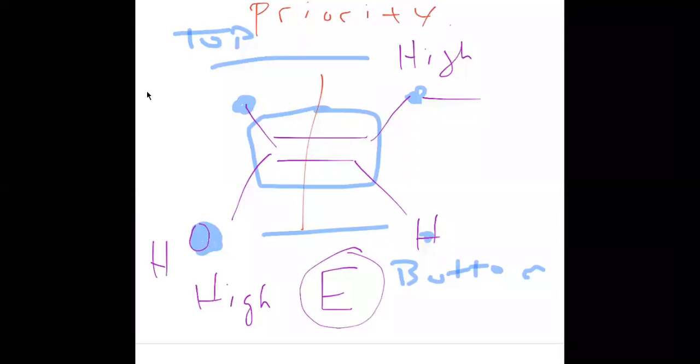So on the right side, which is here, the high priority group is at the top. On the left side, the high priority group is at the bottom. You see that? Or on the bottom side, on the bottom face. And so that means that they're opposite. They're not on the same side. So that means we call it E. Okay. Thank you.